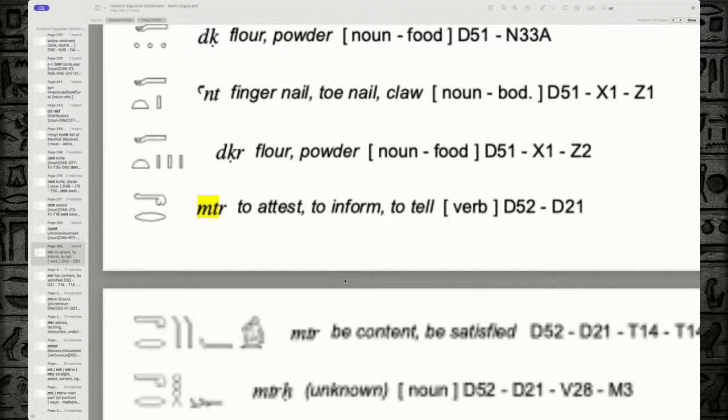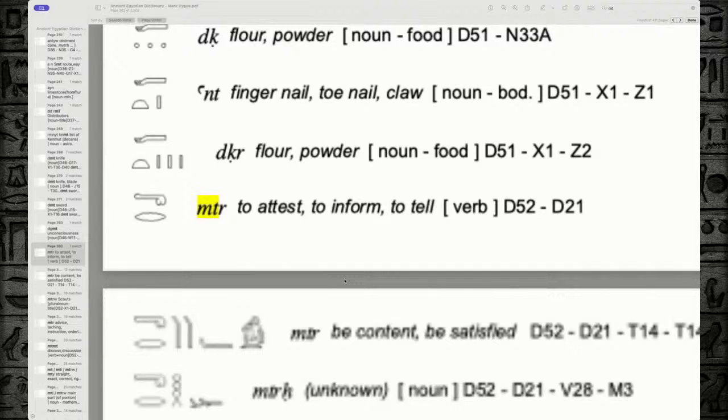The phallus is only being used for the two consonants, M as in Mary and T as in Tom. That's what that phallus is doing there. It's no longer a phallus in terms of meaning. It's only there for the M and T consonants, and the open mouth is only there for the R consonant. So together we transliterate it as MTR.